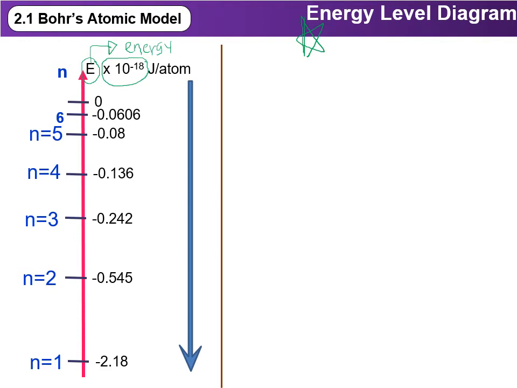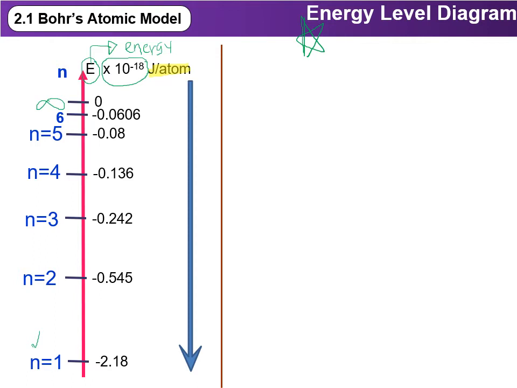All of this represents the energy for one atom or one electron only. Then we draw horizontal lines to represent the energy levels from n equal to 1 until n equal to infinity.